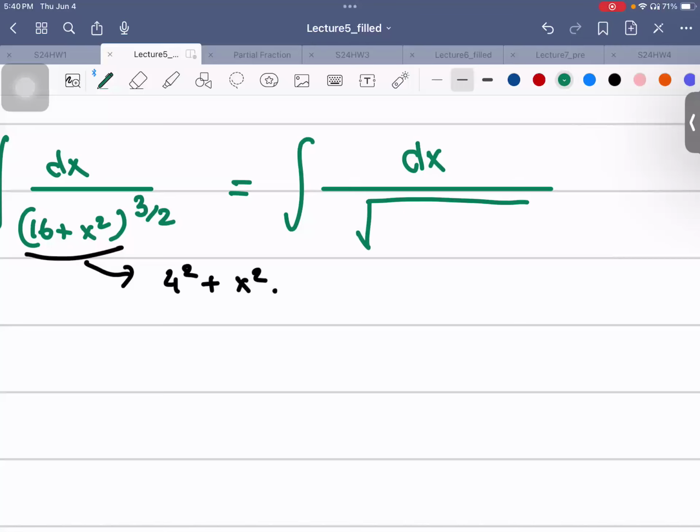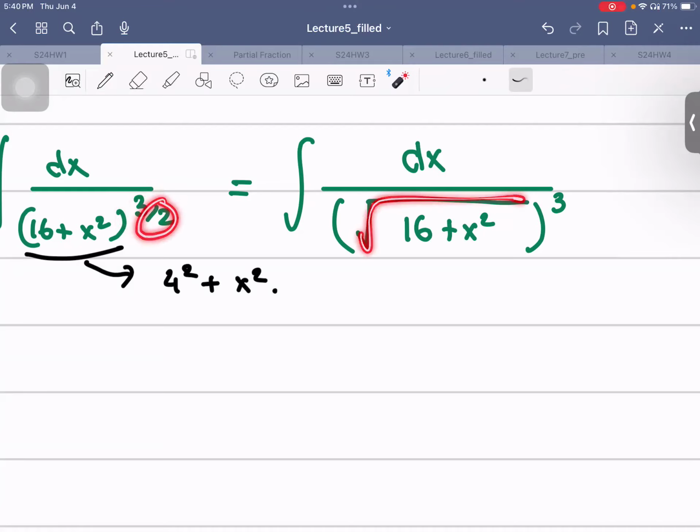You have the square root of 16 plus x squared, and you still have the 3, so you can write the entire thing to the power of 3. The half becomes the square root, and you still have the 3, so you just put the 3 into the power of everything.